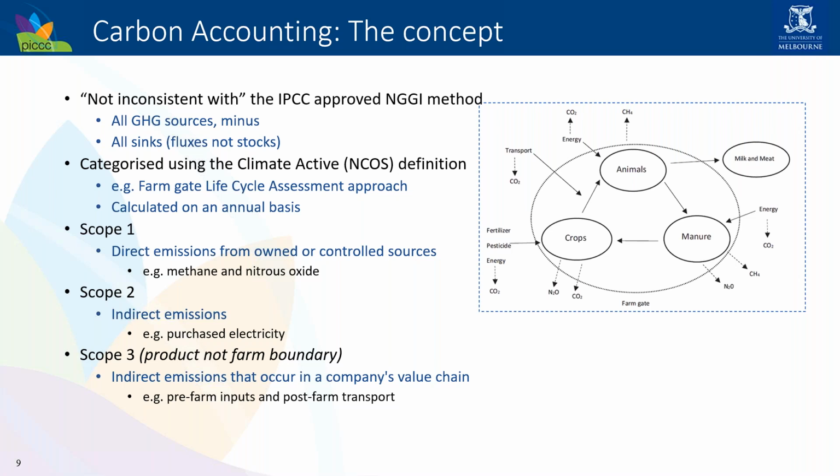That's why there are Australian-specific tools for calculating your emissions, because they need to be not inconsistent with, is the terminology, the Intergovernmental Panel on Climate Change approved National Greenhouse Gas Inventory method.